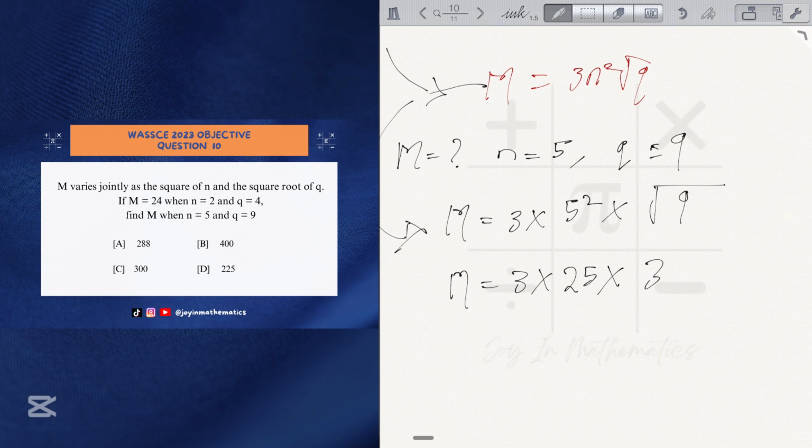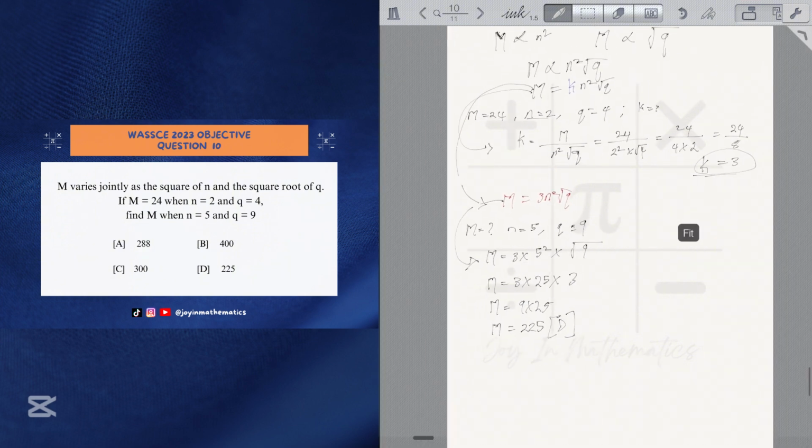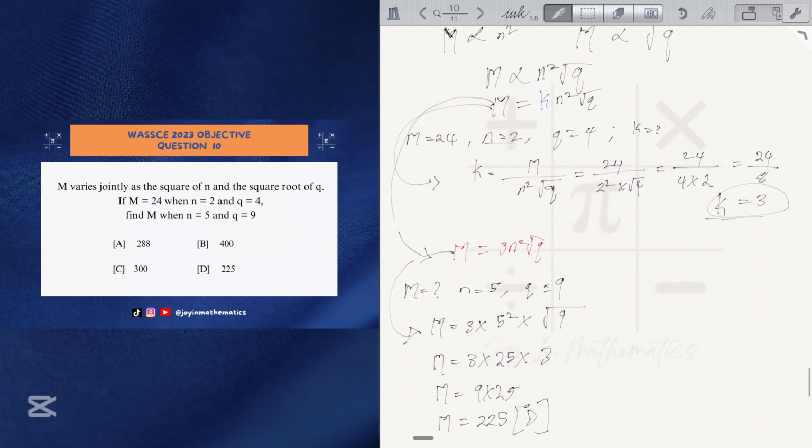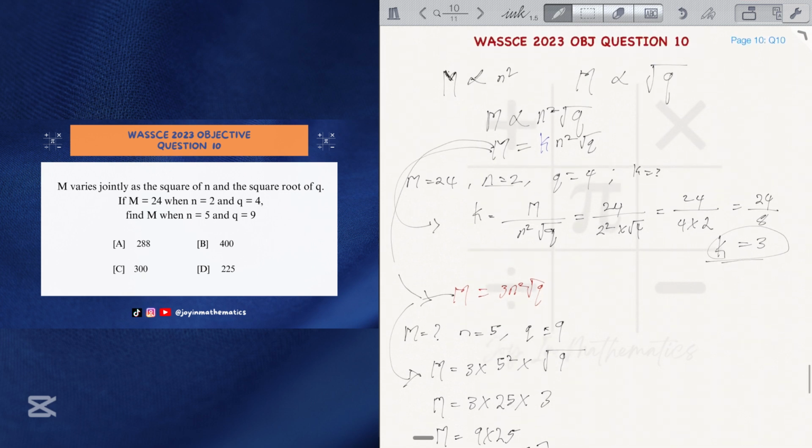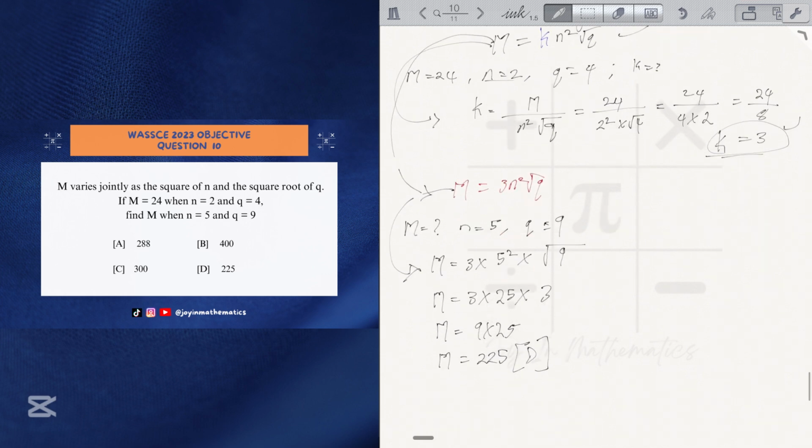This gives us 9 multiplied by 25, and m is equal to 225. And this is equivalent to option D. So with this, we have solved the question. We took it bit by bit, from the expression to evaluating k, and from evaluating k to evaluating the value of m.